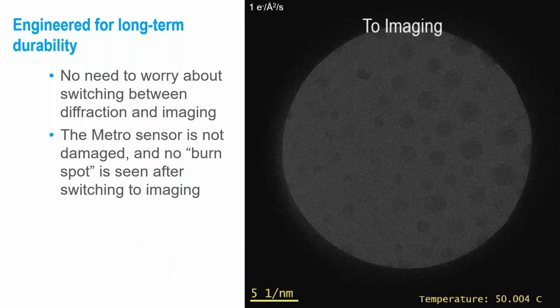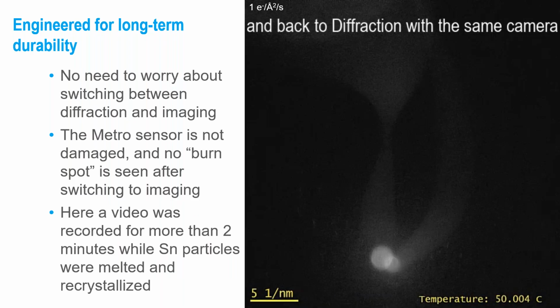And especially if we had a flat field image and no sample, you would be able to see that very clearly if there was any damage to the sensor, even very minor damage. But we're not seeing any of that here, right? The diffraction spot is not burning the sensor at all.